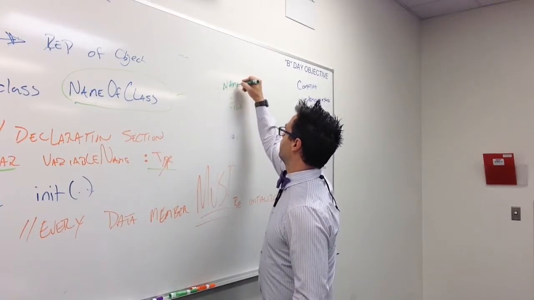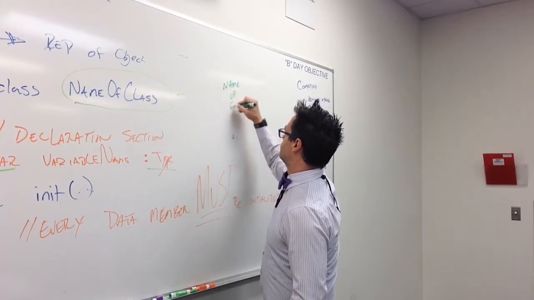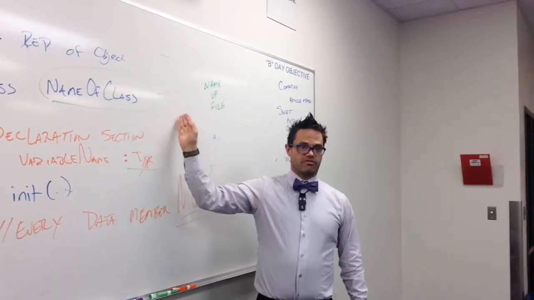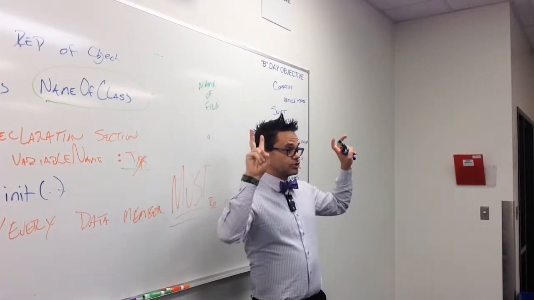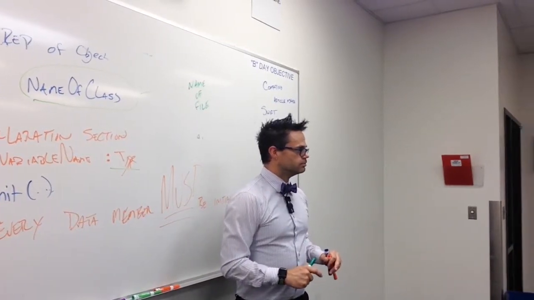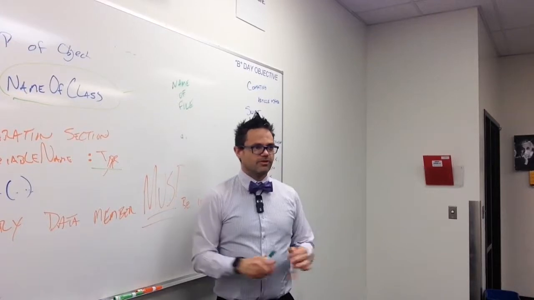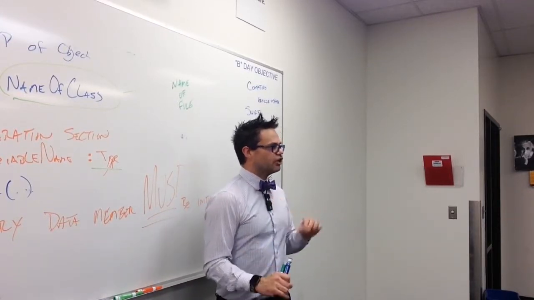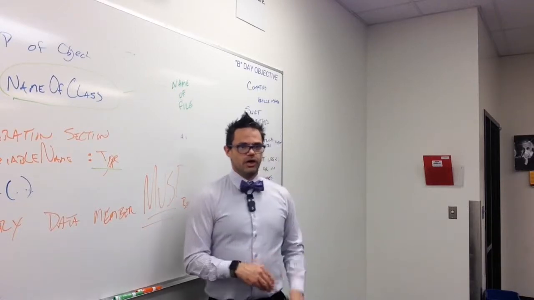But the name of the class should be the name of the file. Swift, however, allows you, quote unquote, to name it something different. Don't. Just don't. The name of the class is the name of the file. Make life happy. Trust me, you will be happier with your code.